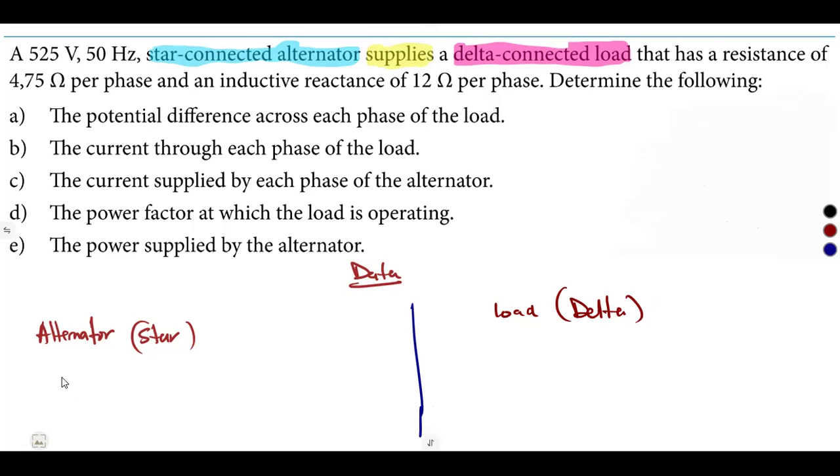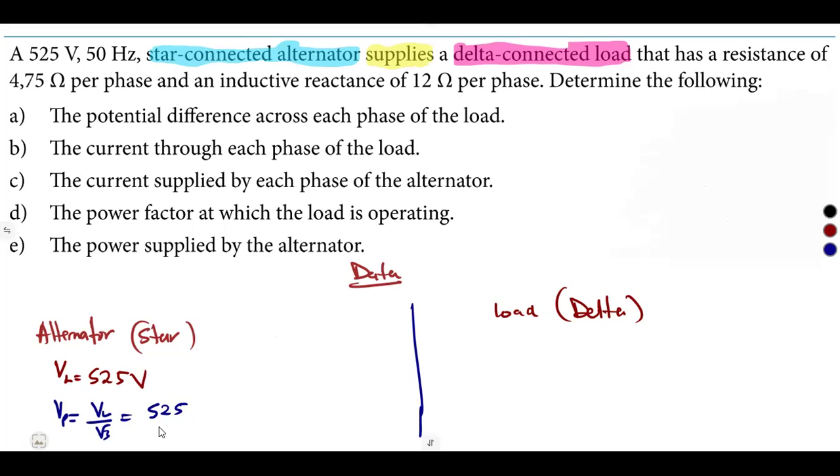From the supply, we are given that the voltage there, which is the given values, remember they're line values. So we're given the line value of 525 volts in star. So what does it mean? It means we can have the phase value. Remember in star, VP, we talked about this, guys, is VL over the square root of 3. So that's 525 over the square root of 3.